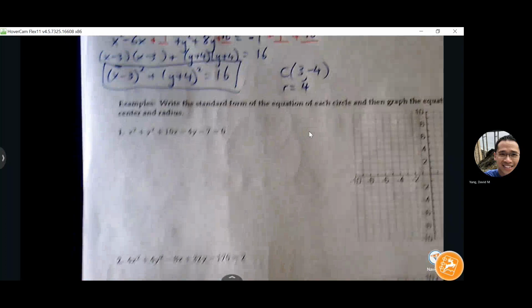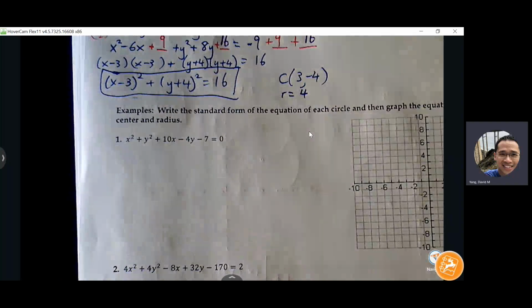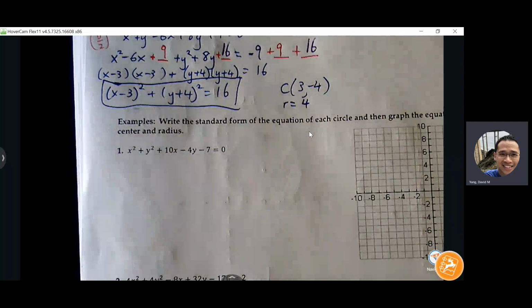All right, so let's try number 1 together. Same process. Notice that this is not in standard form. So we're going to group the x's together, group the y's together, push the constant to the other side.